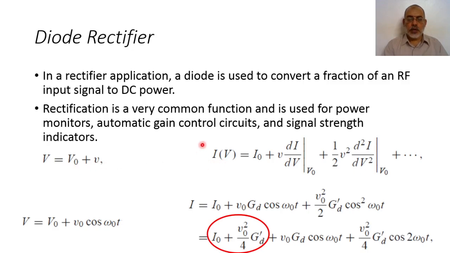So the current as a function of the voltage is I0, which is the current due to V0, the DC current, plus v multiplied by delta I by delta V at V equal V0, plus half v squared delta squared I by delta V squared at V equal V0, and so on.